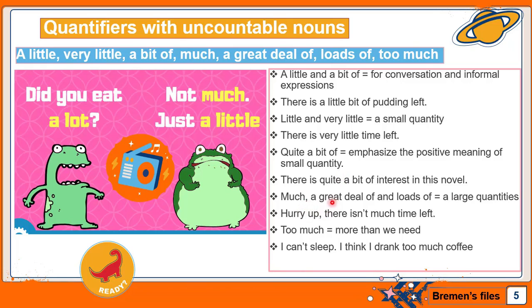Much is the same as a great deal of and loads of. It is for large quantities. Hurry up, there isn't much time left. The next one, too much, more than we need. I can't sleep, I think I drank too much coffee. These are all the expressions with uncountable nouns.